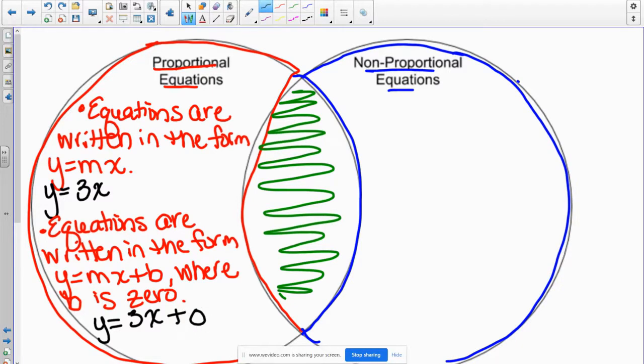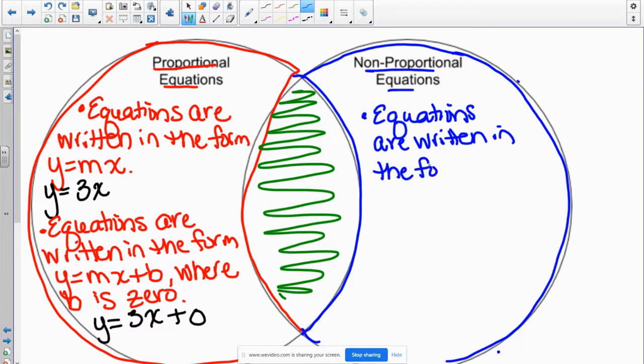Okay. Non-proportional equations are written in the form y equals mx plus b, but this time b is not equal to 0.